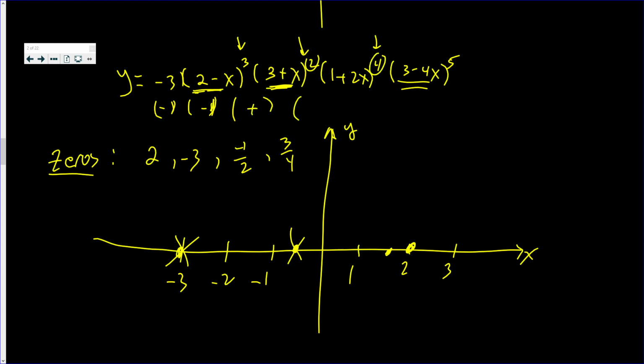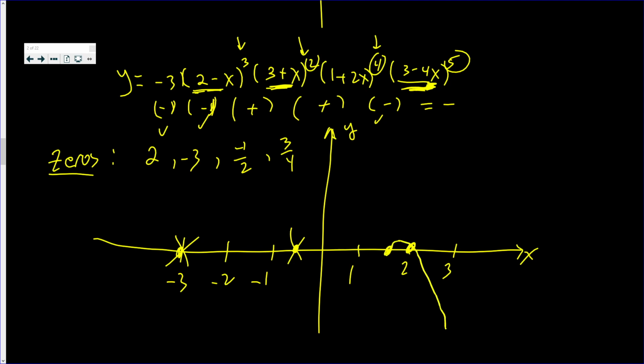Once we raise it to the 4th power, it's going to be positive. 4 times a very large number will be very large. And 3 minus a large number, well, that's going to be negative. To an odd power, it still stays negative. 1, 2, 3 negative, it's negative. That means the graph comes like this.